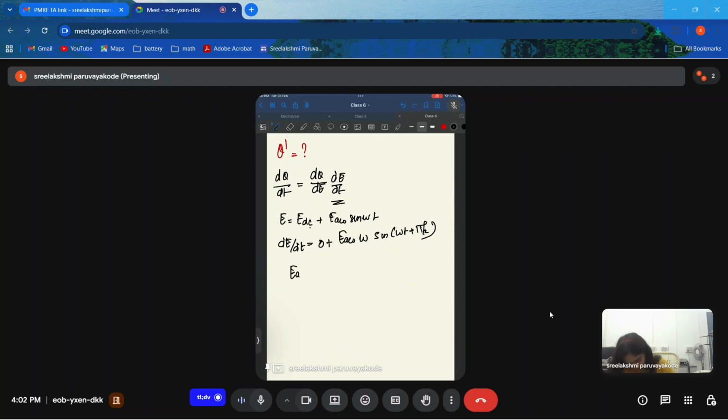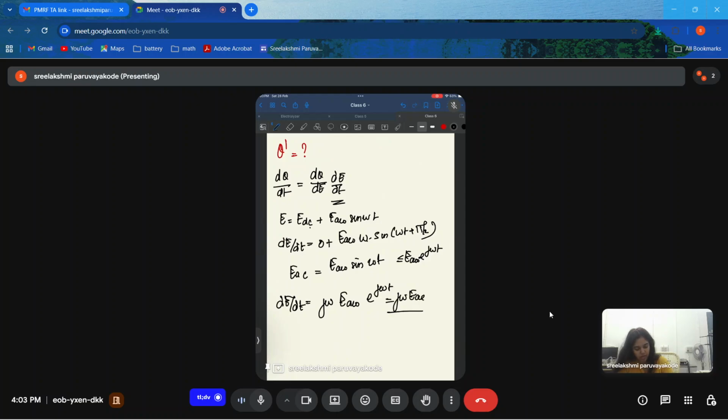I can also write this as EAC equal to EAC naught sine omega t. Instead of writing EAC naught sine omega t, I can also write EAC naught e raised to j omega t, right? So ∂E/∂t can be written as j omega EAC naught e raised to j omega t, which is j omega EAC.